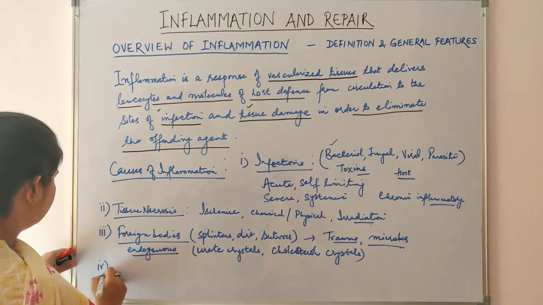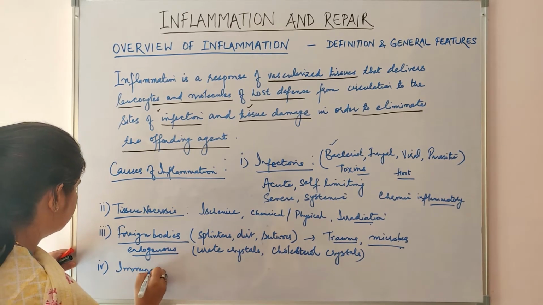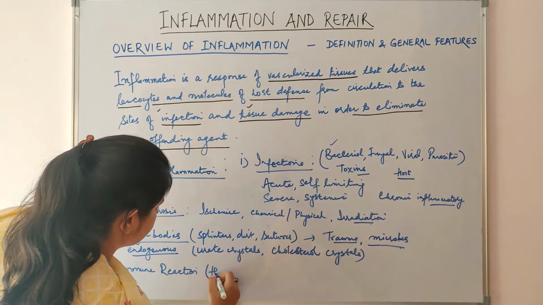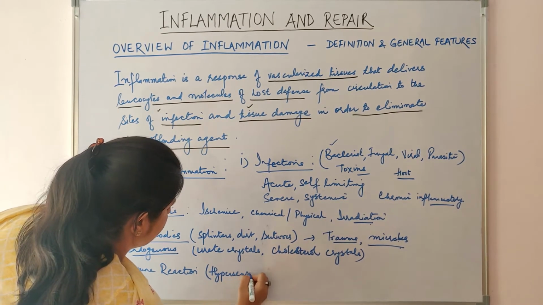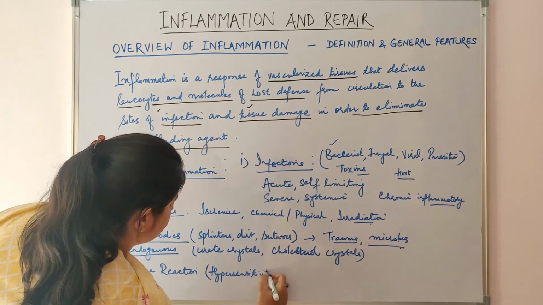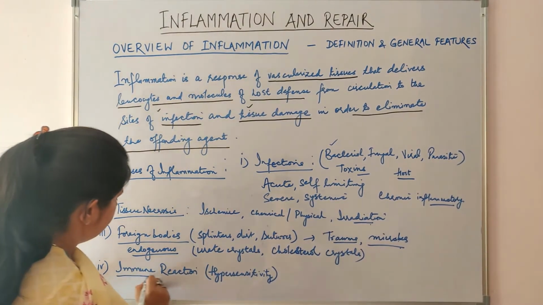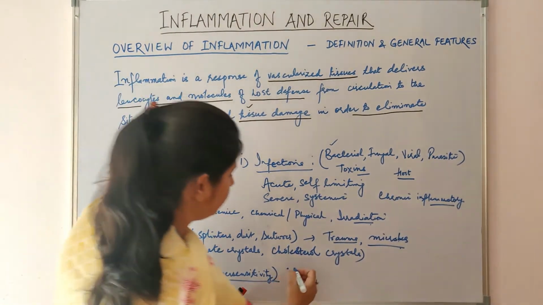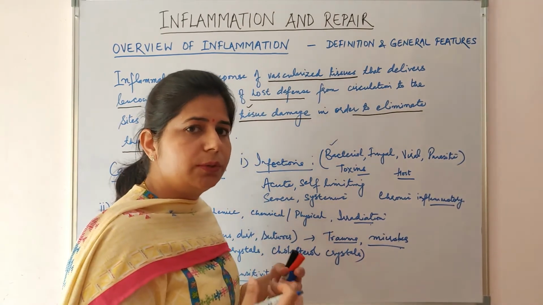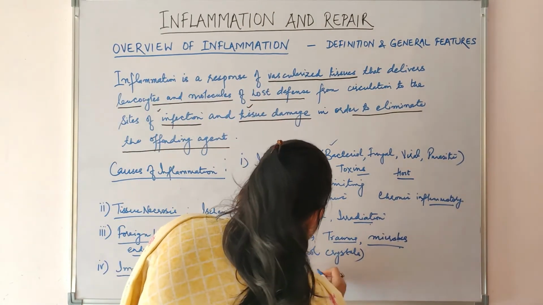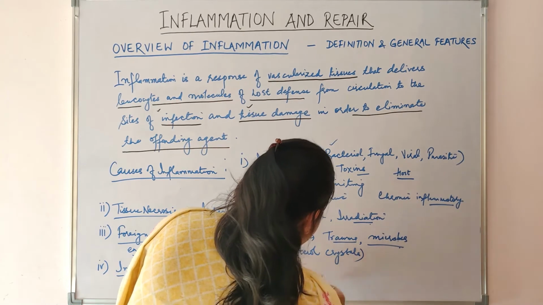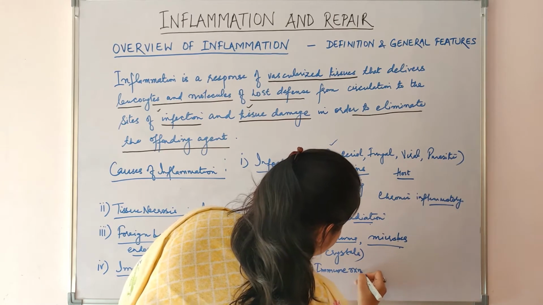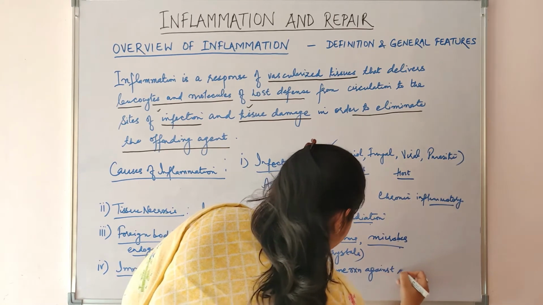Now fourth is the immune reaction, also called hypersensitivity. This can cause considerable tissue damage. This can occur as a result of immune reaction against one's own antigens or one's own cells, that is, immune reaction against self antigens.